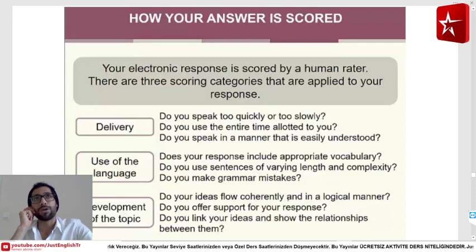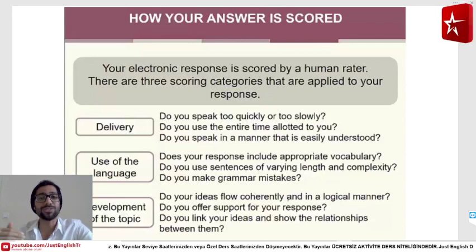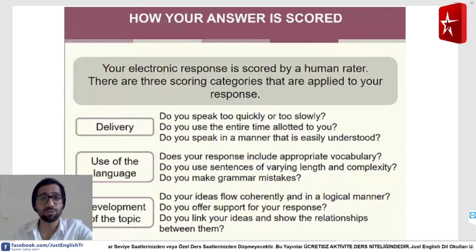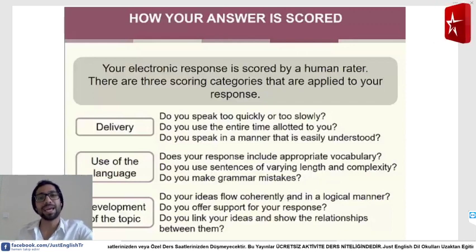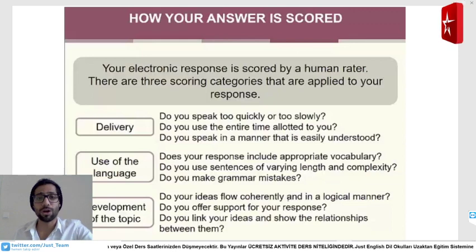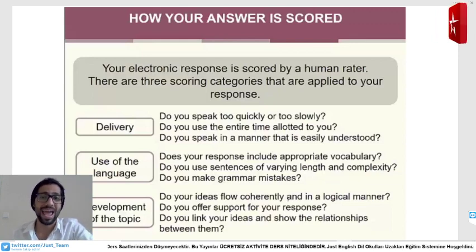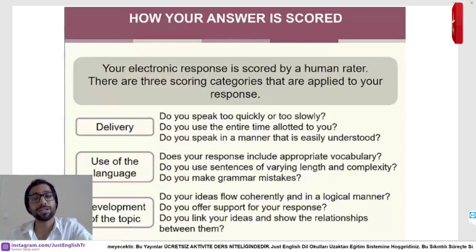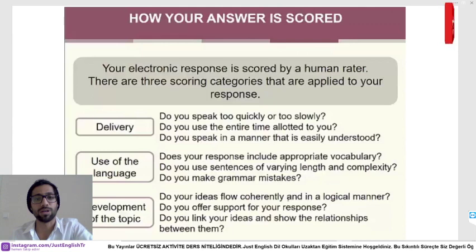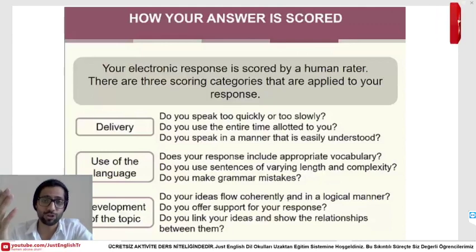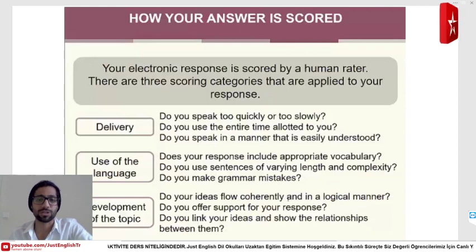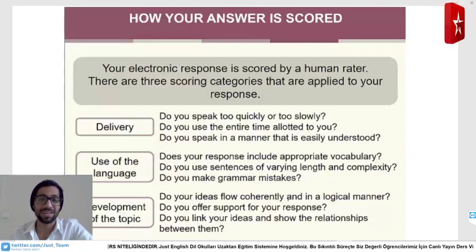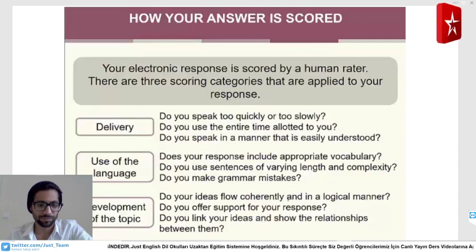Now, look, using correct upper intermediate grammar and getting full marks is better than using advanced grammar when you are not controlling it very well, not handling it very well, and it may reduce the score that you're aiming to get. So yes, be careful with the grammar.